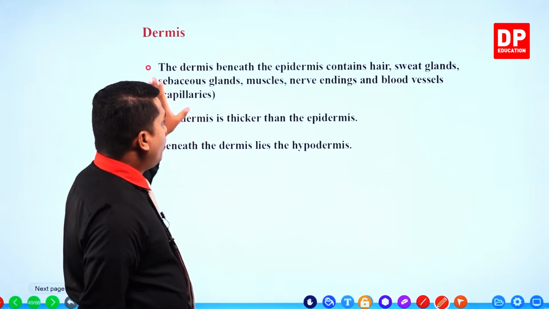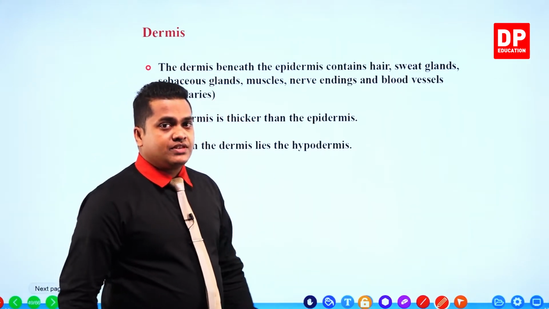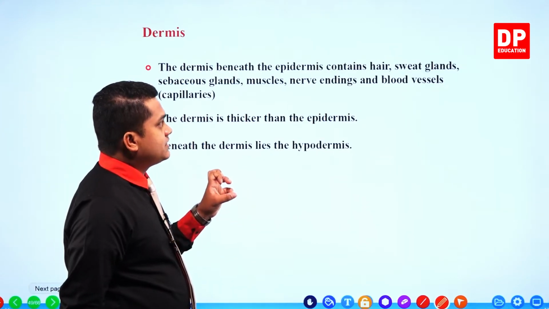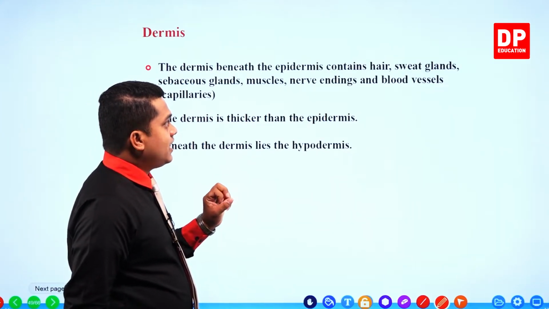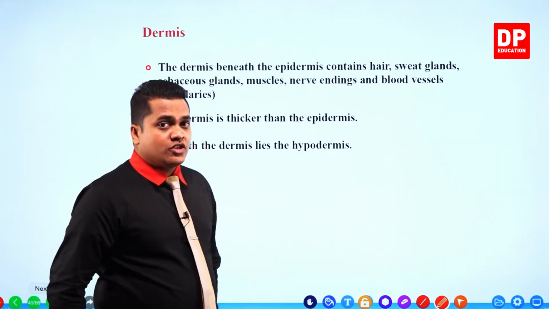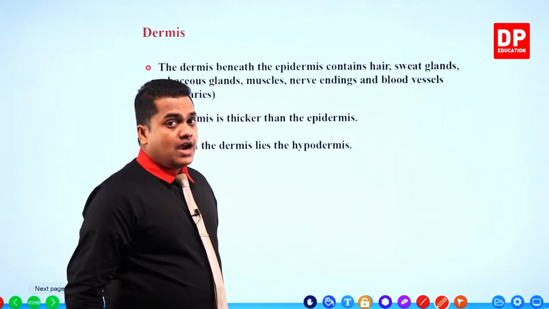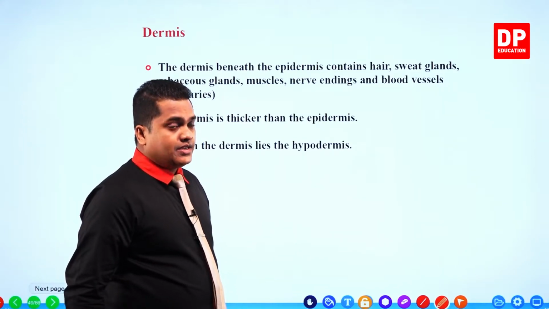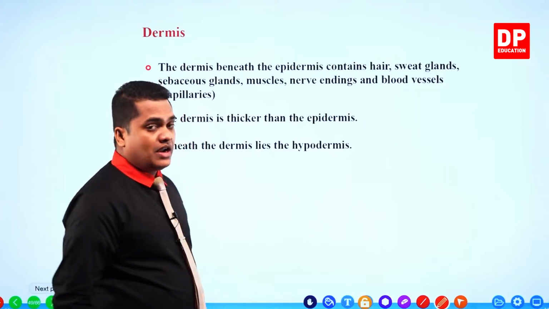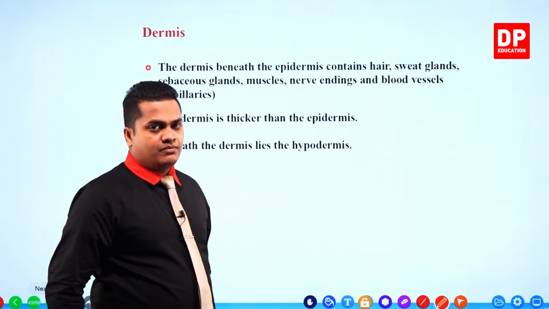Most of the components are observed in the dermis, like the hair follicles, sweat glands and sebaceous glands, then the muscles which connect the hairs with the skin, right? Then after that, nerve endings and blood capillaries or blood vessels. All of these things can be observed.